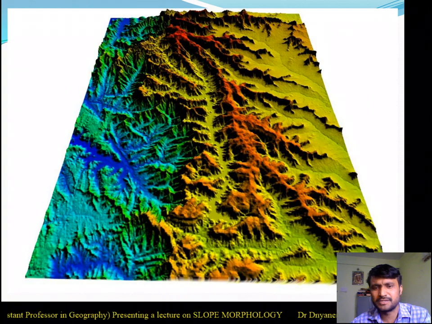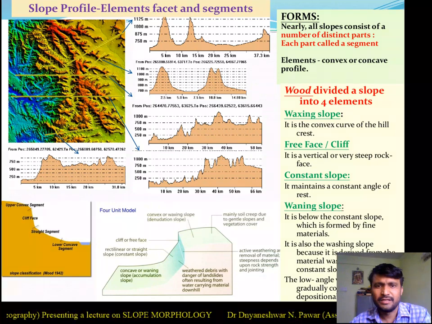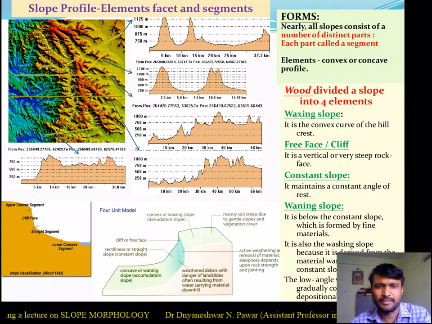When we draw a cross profile or longitudinal profile, we can find different slope profile elements and their segments. Here, on the basis of a digital elevation model, different cross profiles have been made, and according to this cross profile the slope segments have been found.